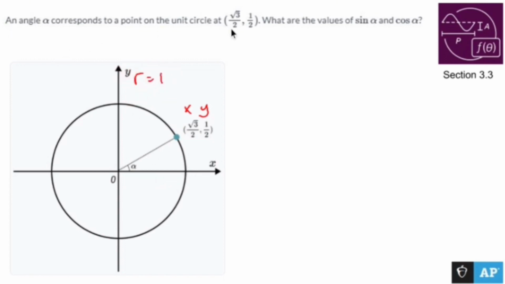In precalculus, sine alpha is y over r. So using this point and the fact that r is 1, sine alpha is 1/2 over 1, which means sine alpha is just 1/2.